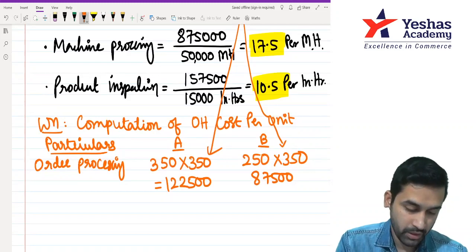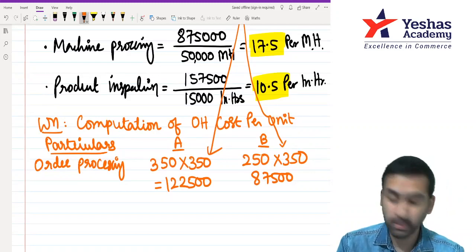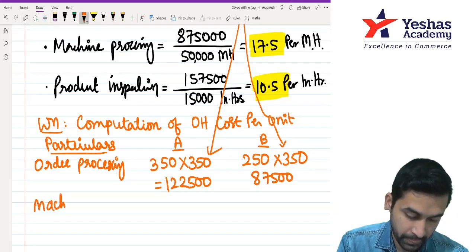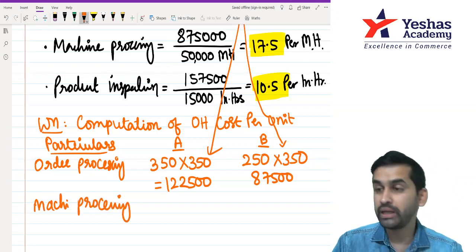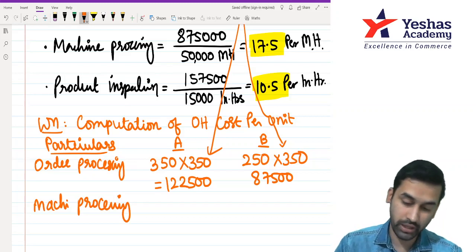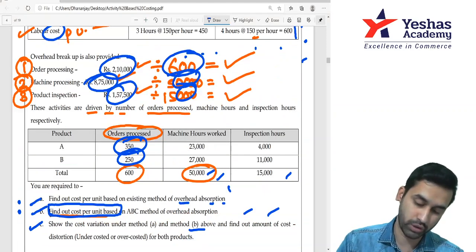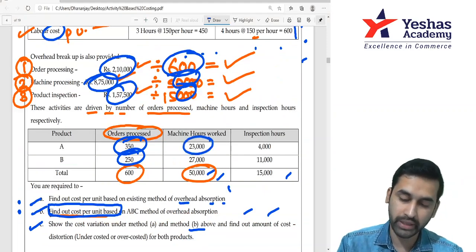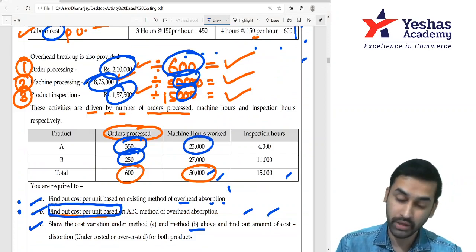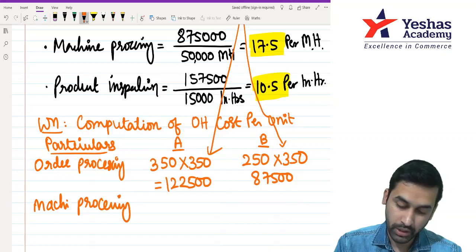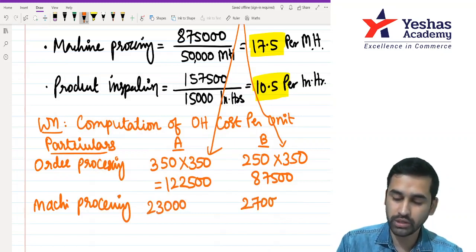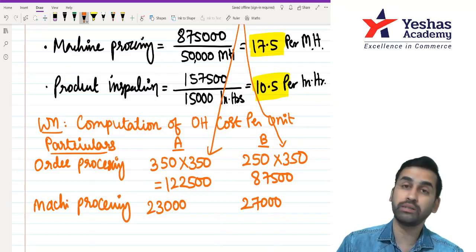Which is the second item? Machine processing. How many machine hours for A and B? Let me go back to the question. Here I have 23,000 for A, 27,000 for B. And what is the cost per machine hour?